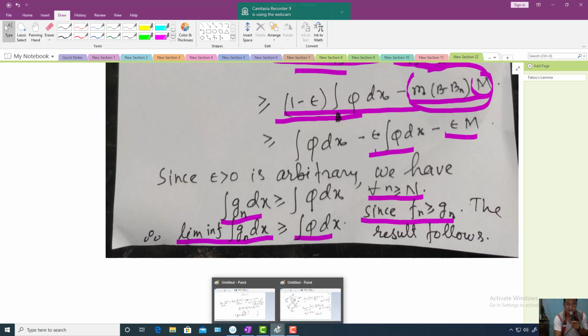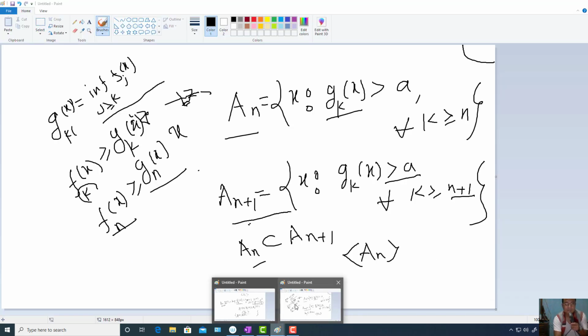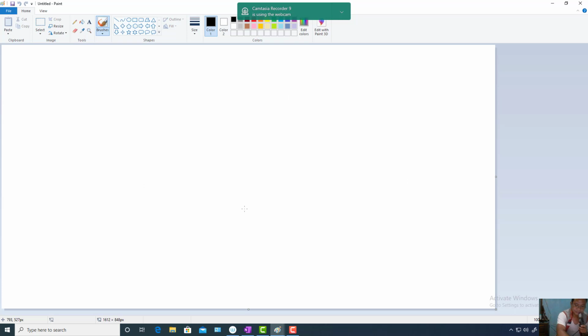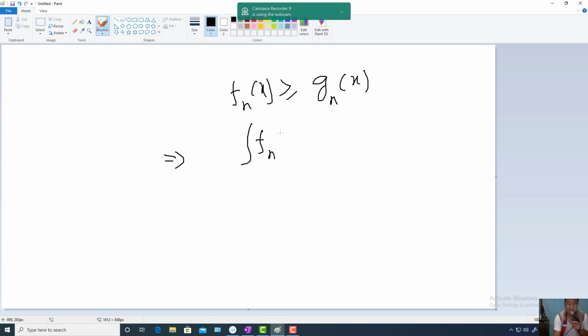Let me explain in the window, then you will understand. Let me explain here what I mean. For every n, fn(x) is greater than or equal to gn(x). This implies the integration of fn dx is greater than or equal to the integration of gn dx.